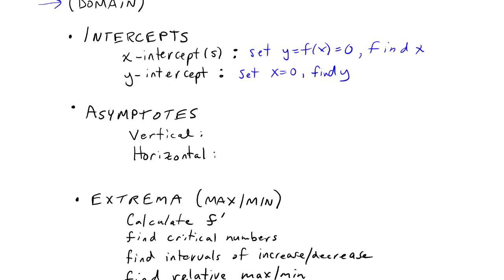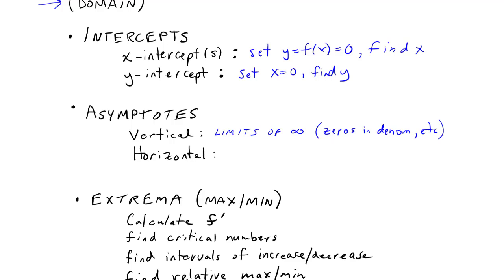All right, asymptotes. That was looking for vertical and horizontal asymptotes. If you remember, the vertical asymptotes were when we got limits of infinity, and here we're looking for things like zeros in the denominator, etc. So all the things that we look for when we look for vertical asymptotes.